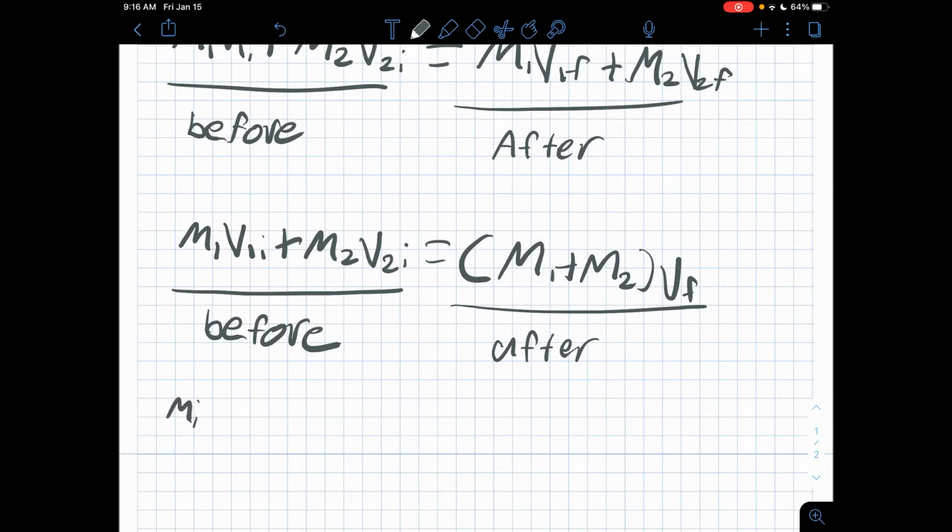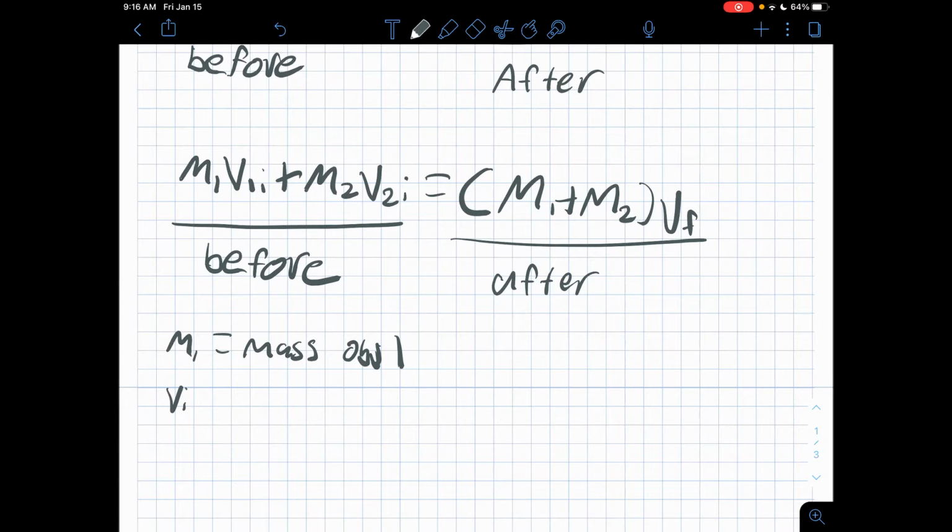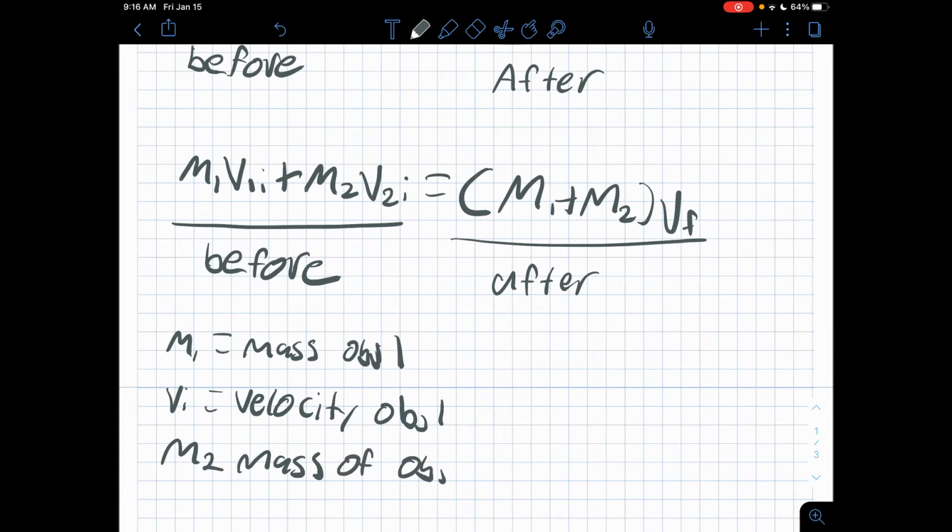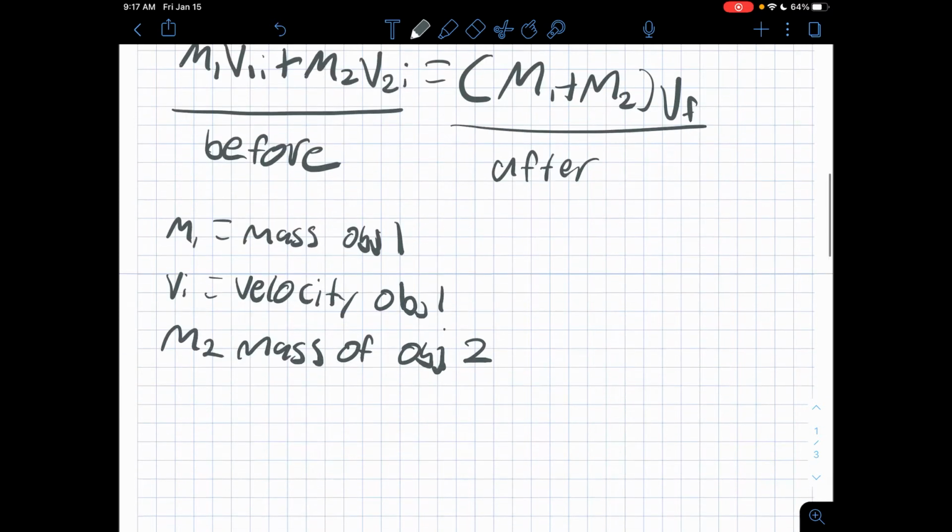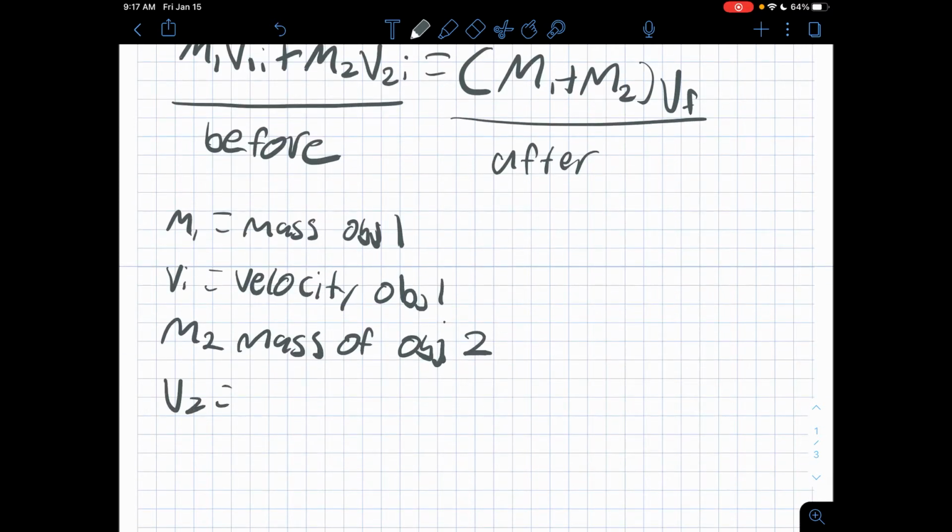If you don't know what the symbols stand for, m1 equals the mass of object 1, and v1 is the velocity of object 1. m2 is the mass of object 2, and v2 is equal to the velocity of object 2.